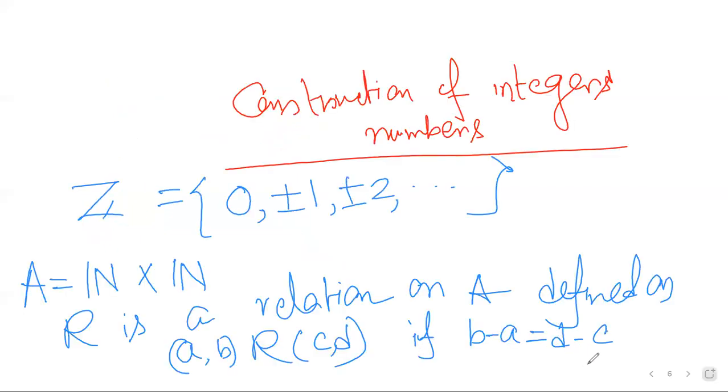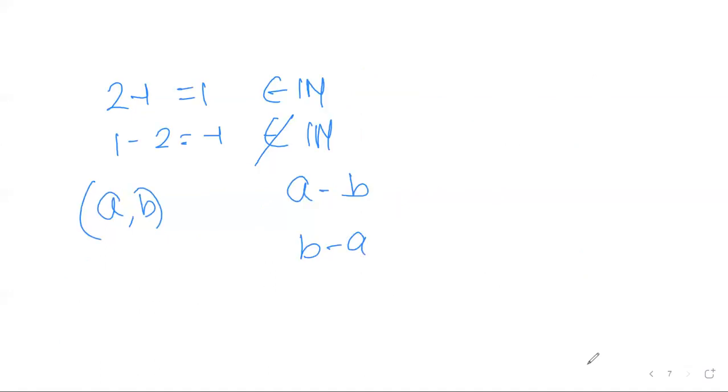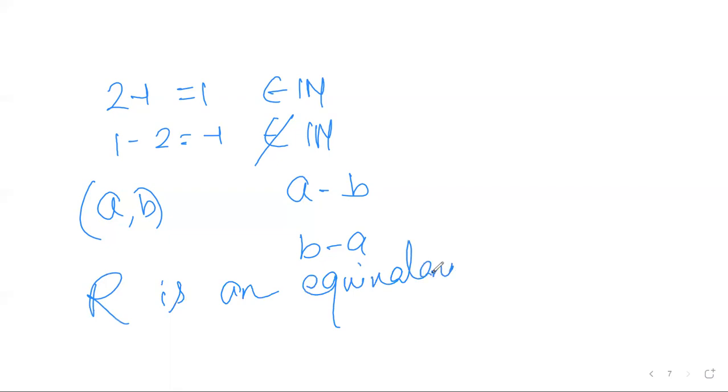Without loss of generality, we take b minus a here, and similarly d minus c. And it is easy to check that this relation R is an equivalence relation on A. Now, if you observe carefully, what did we do here?